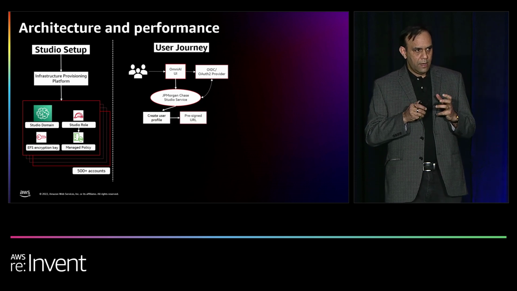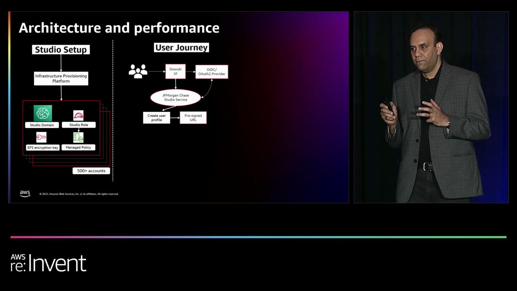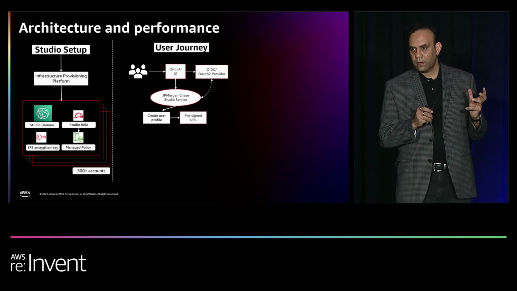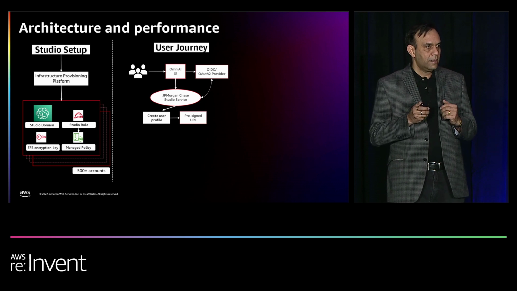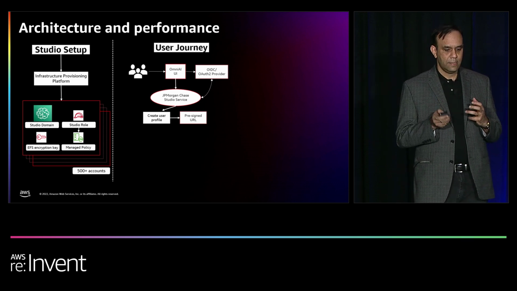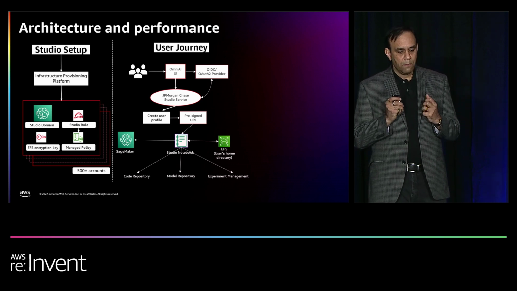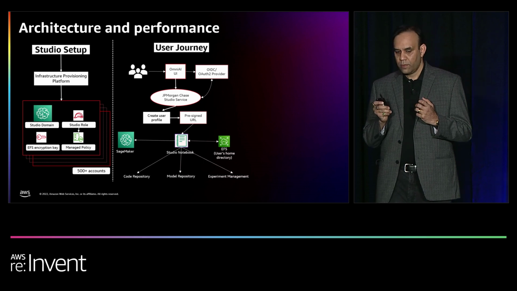While this is being done behind the scenes, using the lifecycle configuration, which is a bootstrap script, the custom SDK that I talked about a couple of slides back is configured so that Studio Notebook can access the code repository, the Python repository, the model repository, and the experiment management tool on-prem.